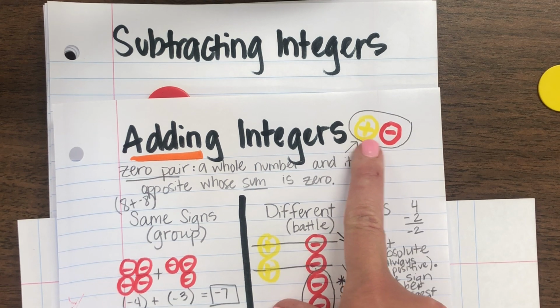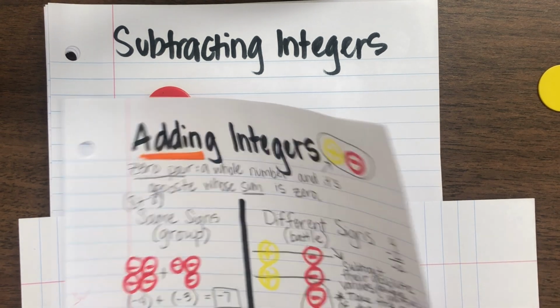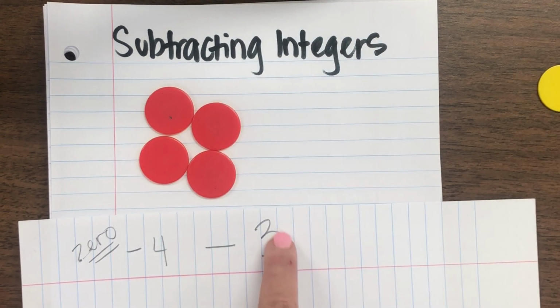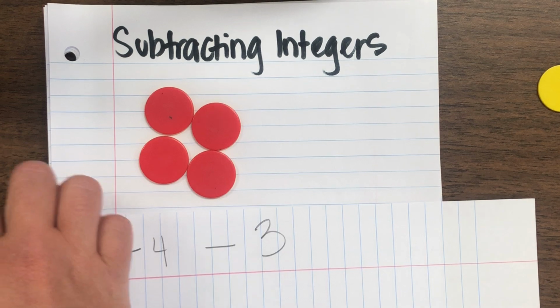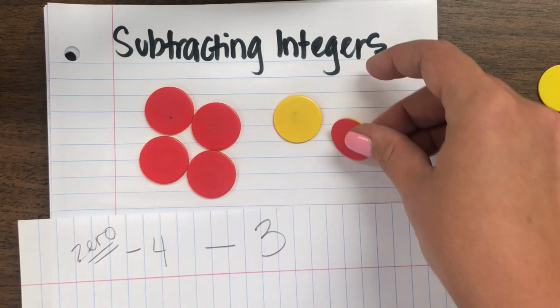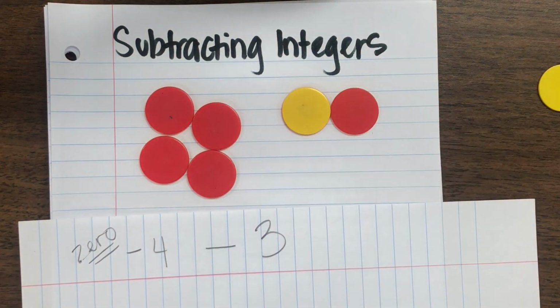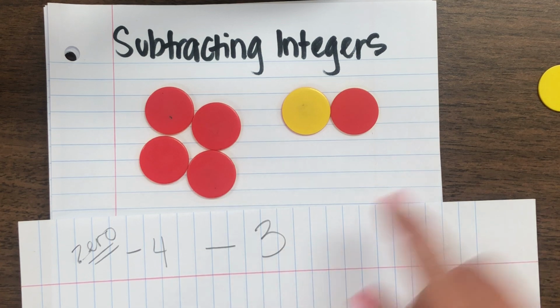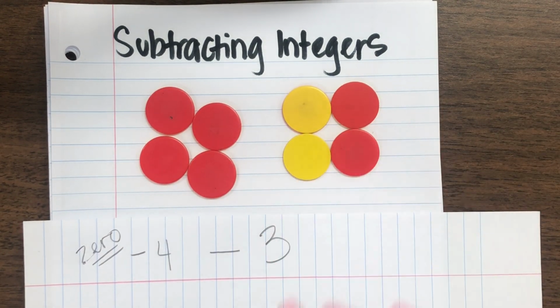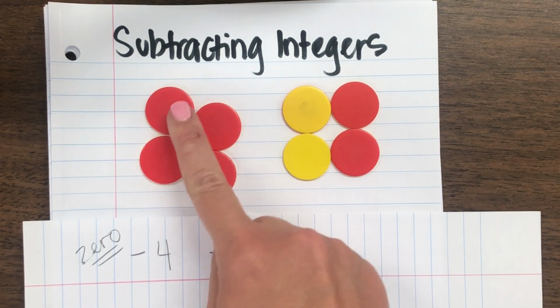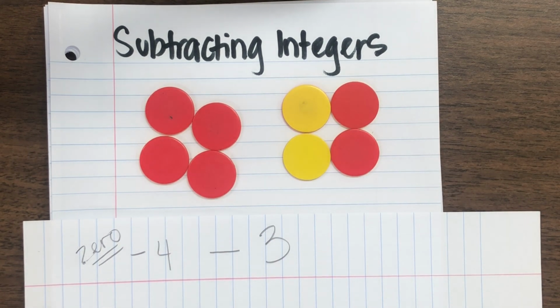Do you think I could add a 0 pair to this to get me what I need? Because how many positives do I really need to be able to take away? I need to be able to take away 3 positives. So could I add, there's a 0 pair. Do I have enough yet to take away 3 positives? No. Could I add another 0 pair? This still equals -4, but I just have some 0 pairs there, right?